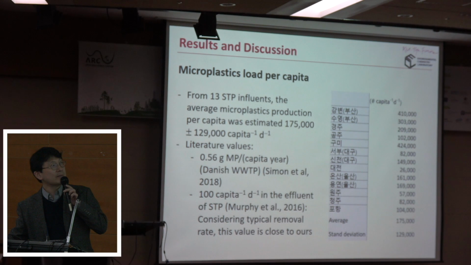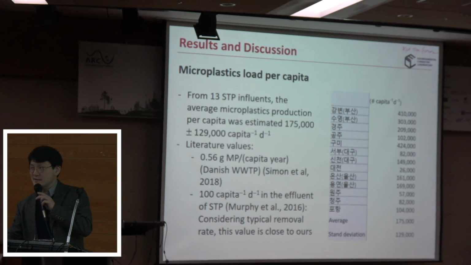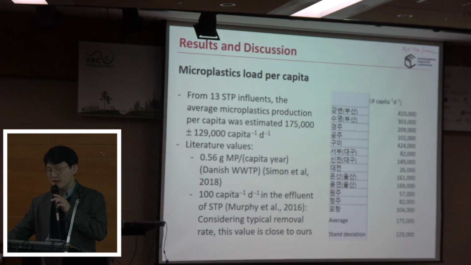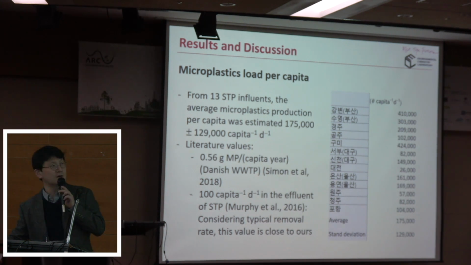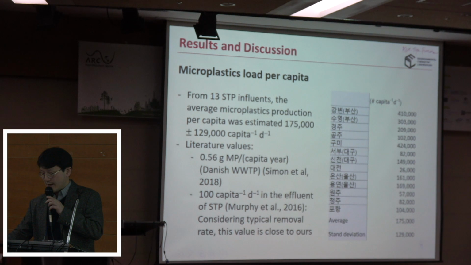And we also estimated how much microplastic we generate by human activity. So among 13 STP influents, we counted roughly the number of people that each wastewater treatment plant supports, and found that roughly 170,000 particles per individual person per day. That's the rate of production.